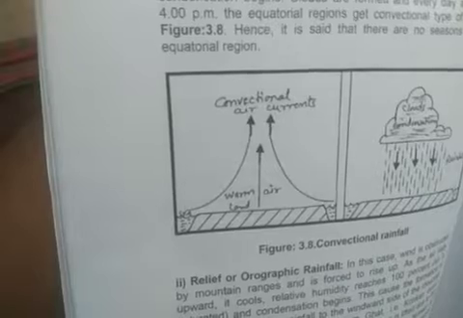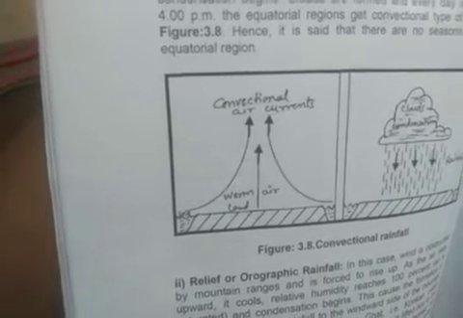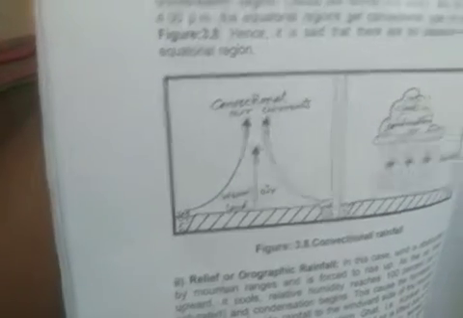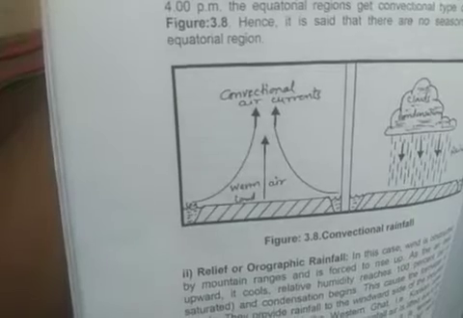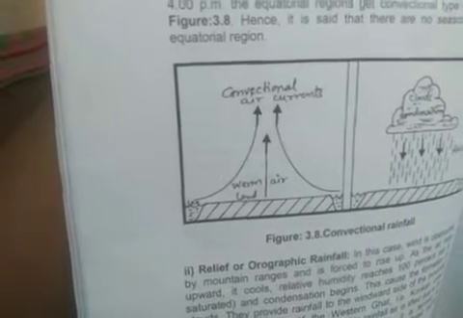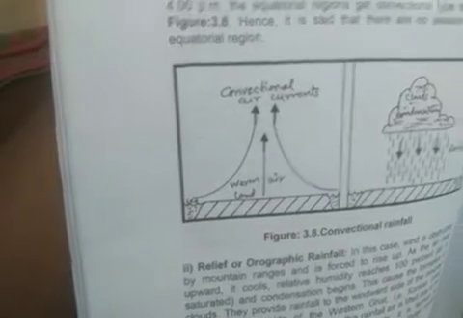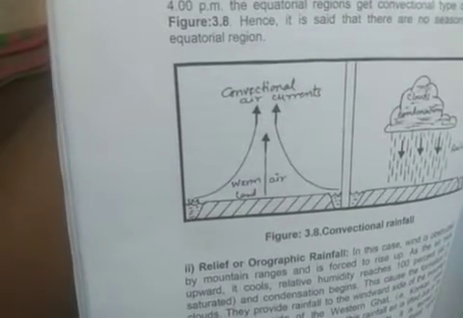The rising air cools down, relative humidity increases, and condensation begins. Clouds are formed and every day at about 4 p.m. the equatorial regions get a convectional type of rainfall. This indicates that there are no seasons in the equatorial region.